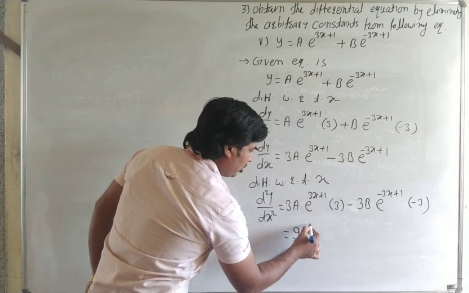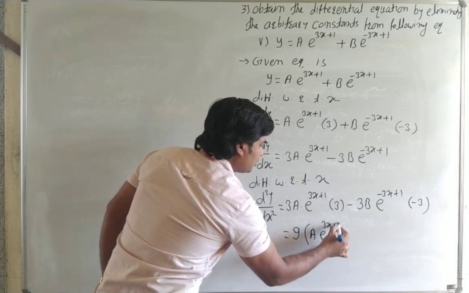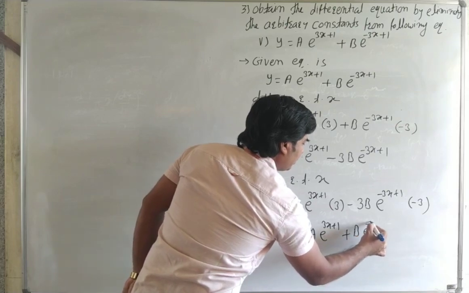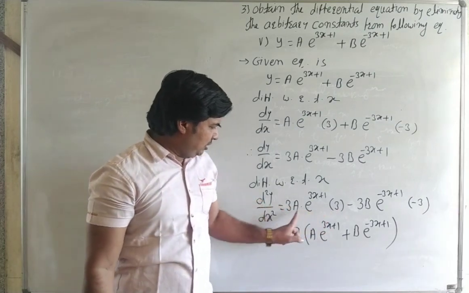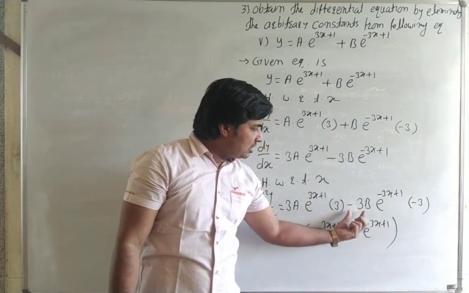Okay, we take 9 common, then we get a into e to the power 3x plus 1 plus b into e to the power minus 3x plus 1. See carefully: 3 into 3 is 9, and minus 3 into minus 3 is plus 9.